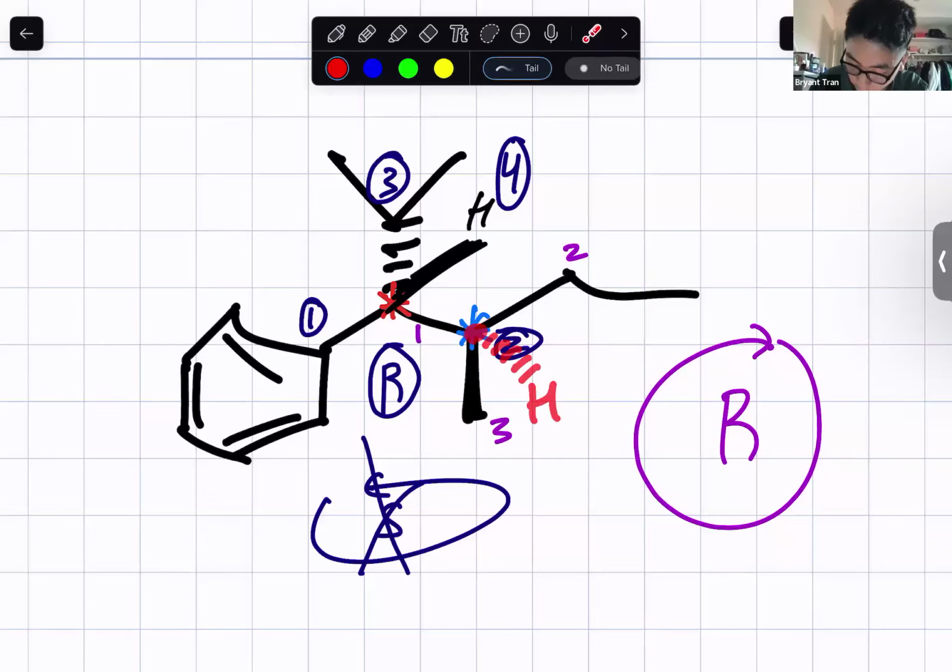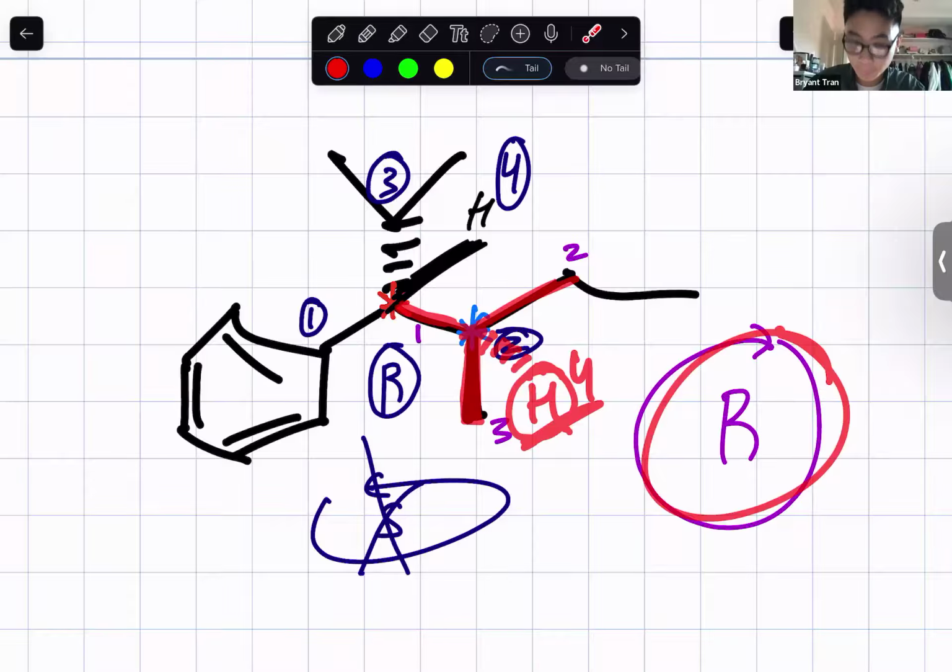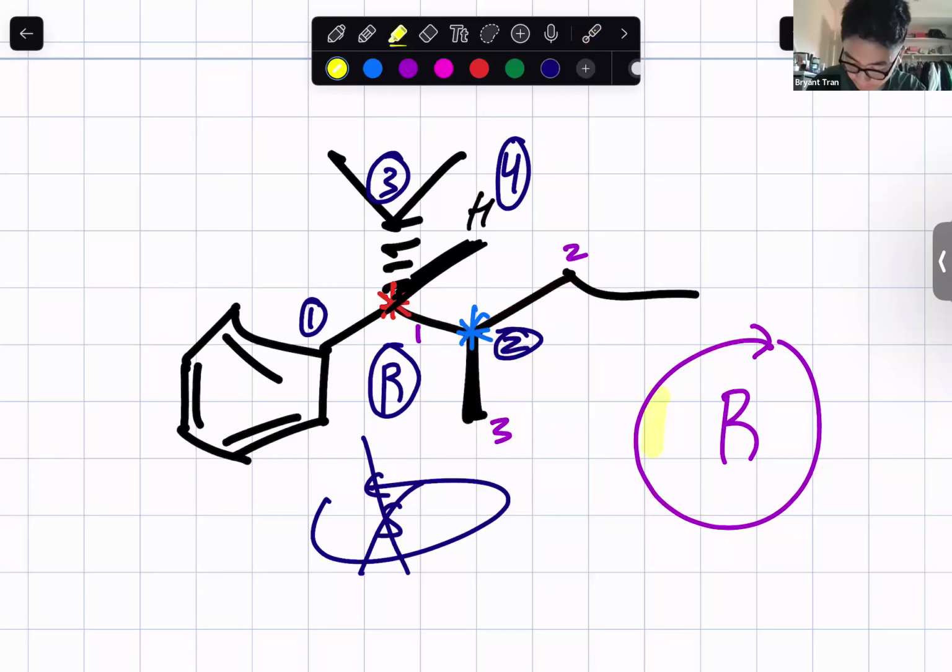Because this carbon already has two flat bonds and a wedge bond. The wedge bond is already given to us as a methyl group, and because of that, the hydrogen here has to be a dash, because a carbon can have two flat bonds, one wedge bond, and one dash, right? And because the lowest priority hydrogen is on the backside, we keep what it looks like, which is an R. So this is an R right here. So both of these chiral centers here are R's.